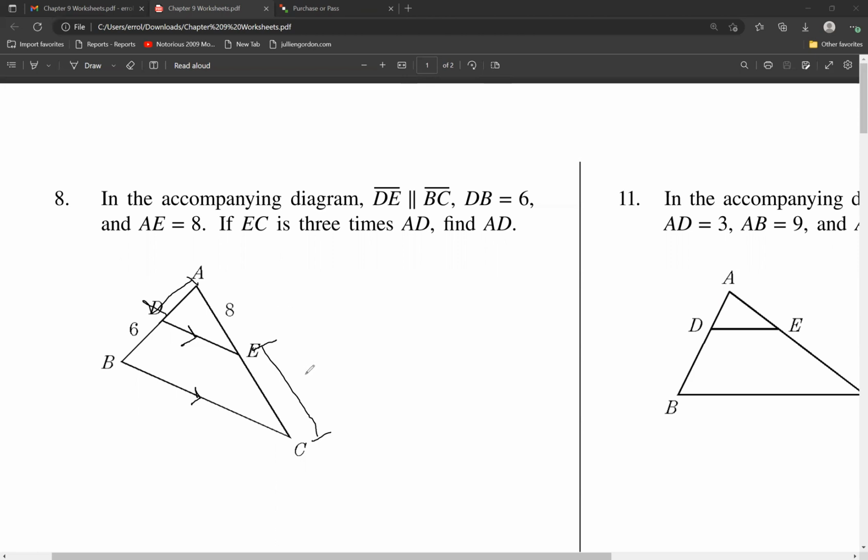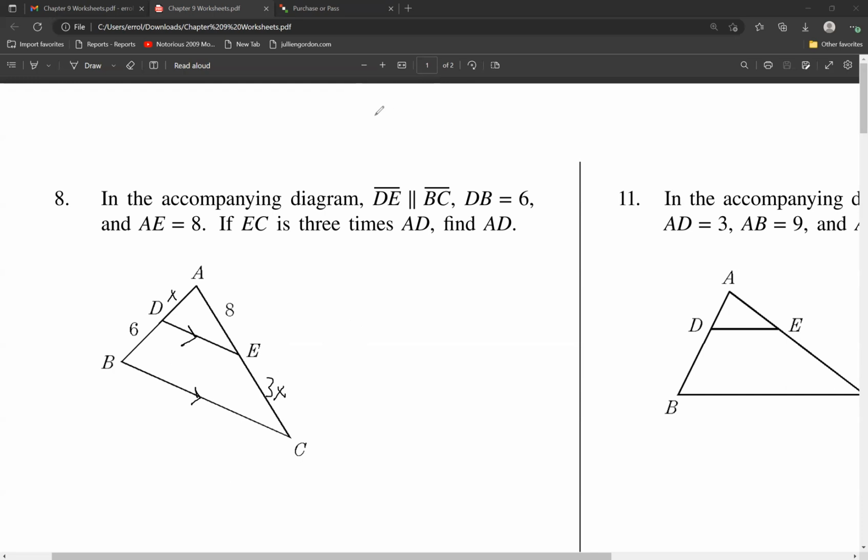Which one is x and which one is 3x? X is AD and 3x is EC. Exactly. Good. We'll put an x there and we'll put a 3x here, right? We have to find AD, which is this one right here, where the x is. So what ratios can we set up?